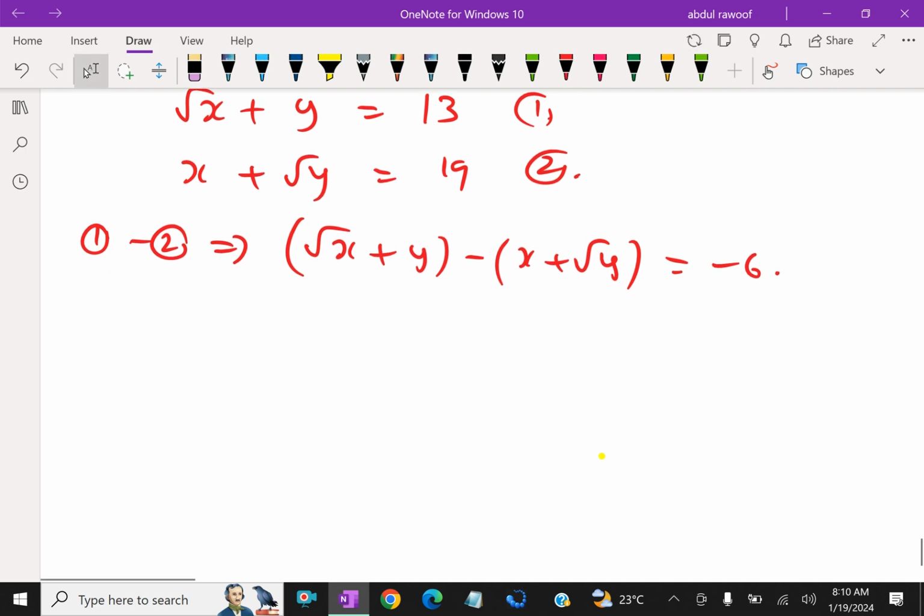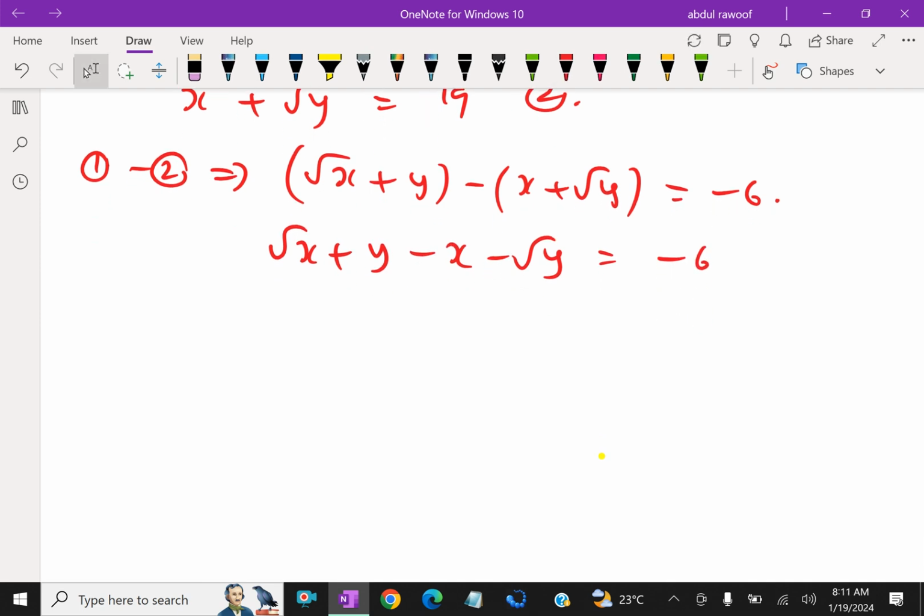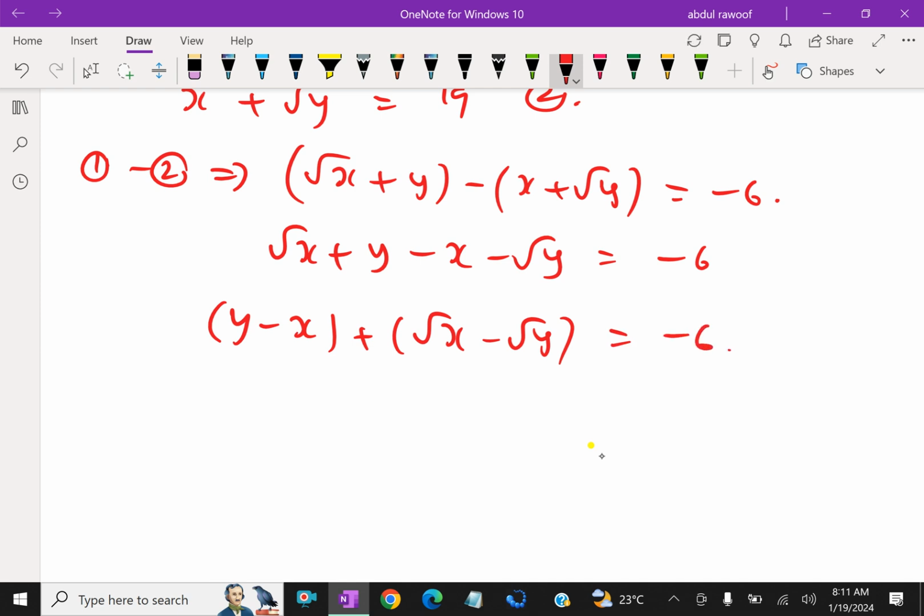Now, opening the bracket, root x plus y minus x minus root y equals minus 6. Then I collect y minus x and root x minus root y equals minus 6.